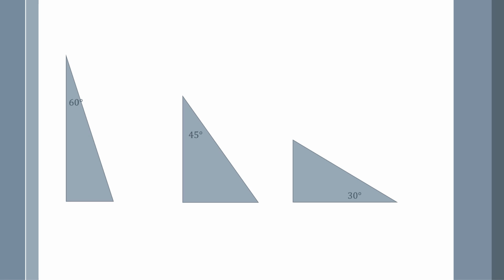All right, so look, I know I have taught you about the 30-60-90 triangle and the 45-45-90 degree triangle. Those triangle properties are still going to play a part, but things are going to be slightly different.